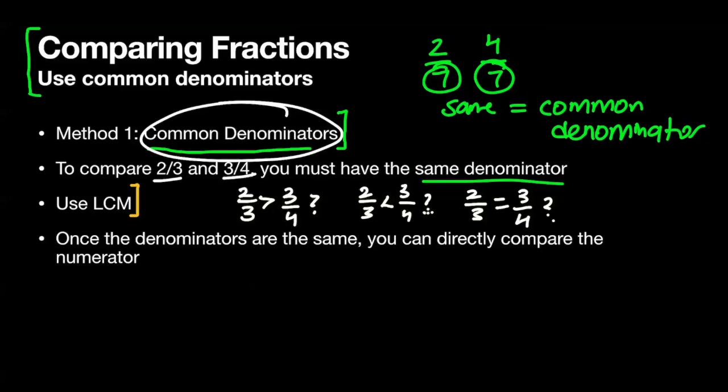So, in order to find the same denominator under a fraction, remember this is where we find equivalent fractions. We need to find equivalent fractions of 2 by 3 and equivalent fractions of 3 by 4 such that the denominators are the same.